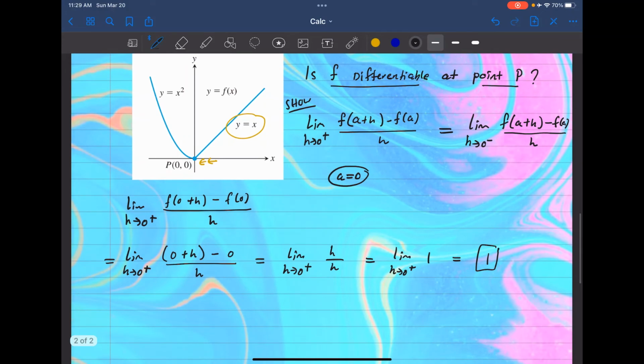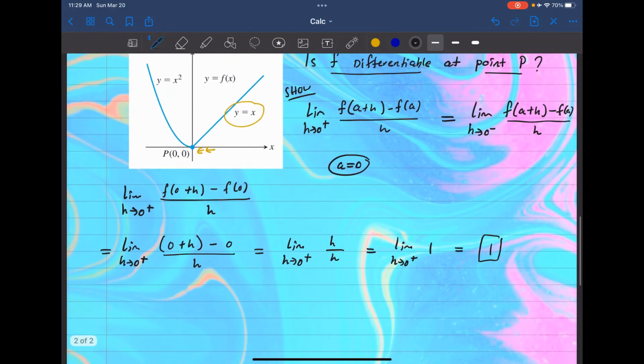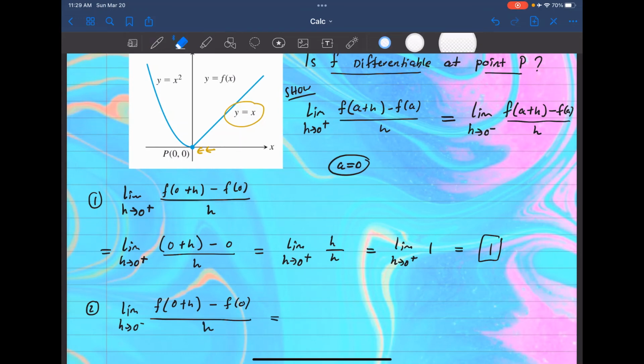Now let's hope on the left side we also get 1 to be differentiable at 0. Now we want to test the limit. So this was first. Now second, the limit as h approaches 0 from the left of f of a plus h, well, we're using a to be 0. So let me go ahead and do that. f of 0 plus h minus f of 0 all over h. So from the left side, we're going to be coming this way. So we're using this function to evaluate the limit.